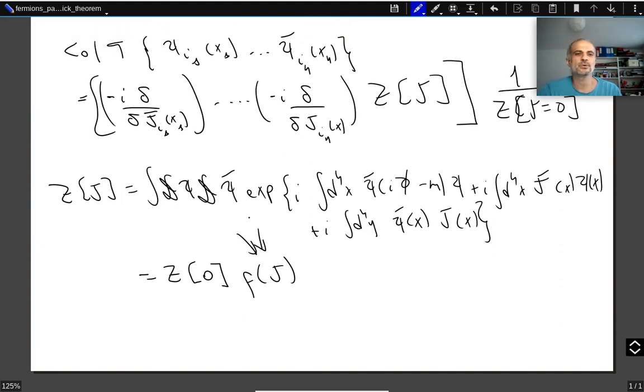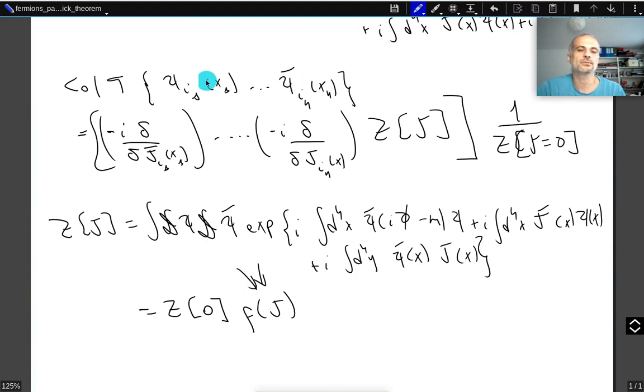Now, another point: we said that the order of these fields is important, and when you convert them to derivatives, the order of these derivatives is also important, because you can change the order of the derivatives with respect to Grassmann variables, but when you change the order, the derivatives also acquire a minus sign.